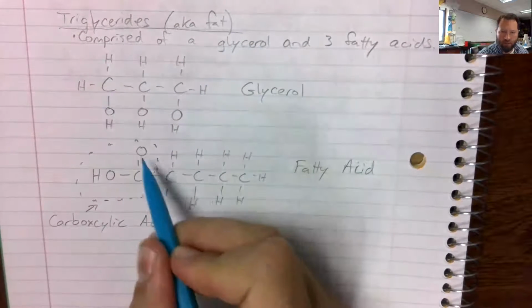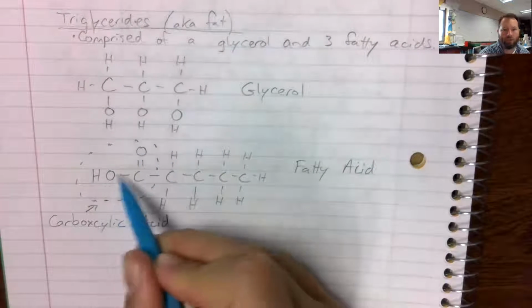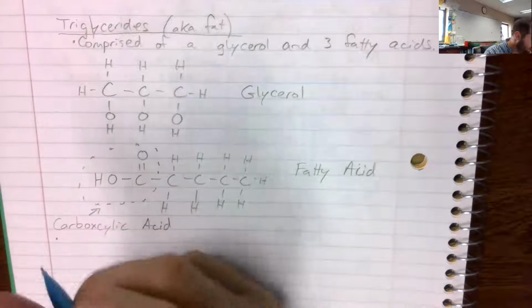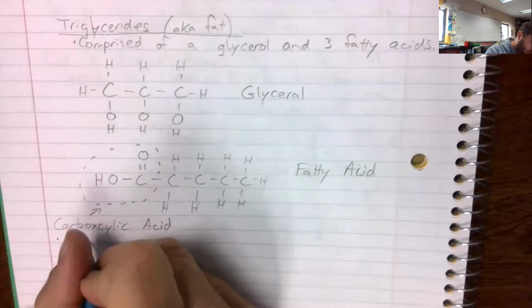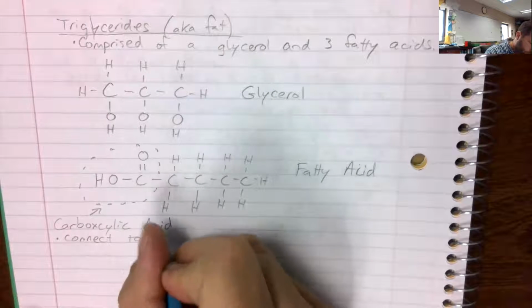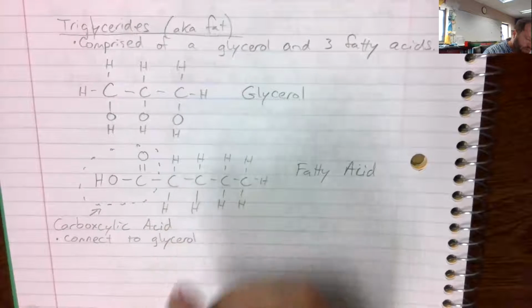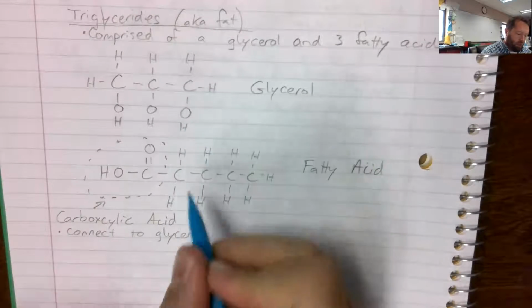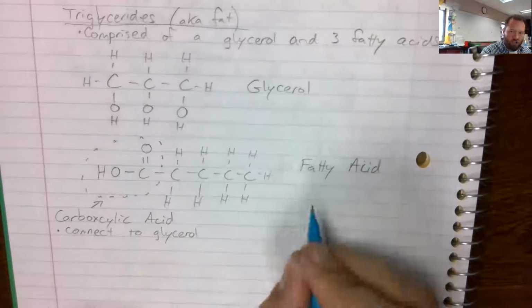It has the carbon double bonded to the O there and single bonded to an OH. That's a carboxylic acid, and that's important because that's where the fatty acid is able to connect to the glycerol. We'll see that in just a minute here. The rest of it then is a long chain, a long tail.